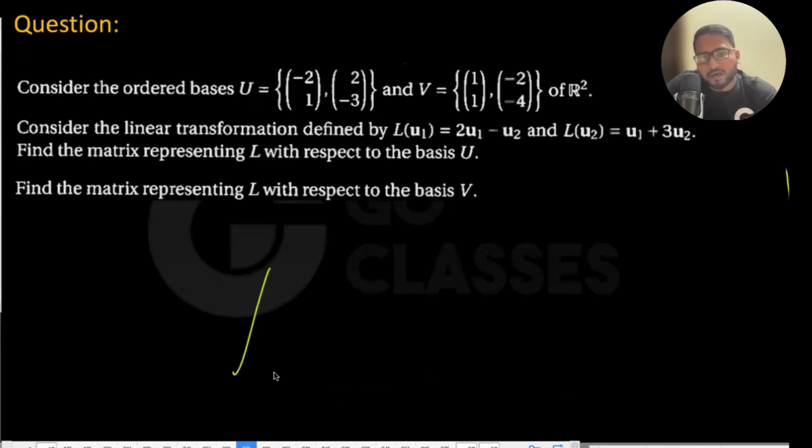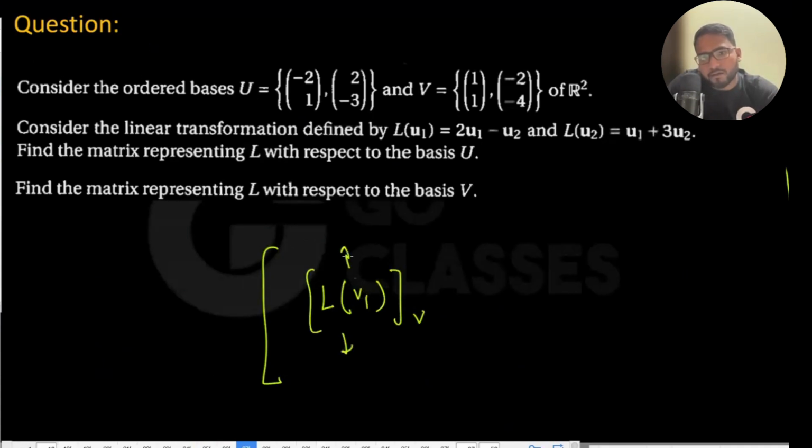See, the ultimate thing that they're asking is this, right? L V1 with respect to V, L V2 with respect to V. So ultimately they're asking this only.